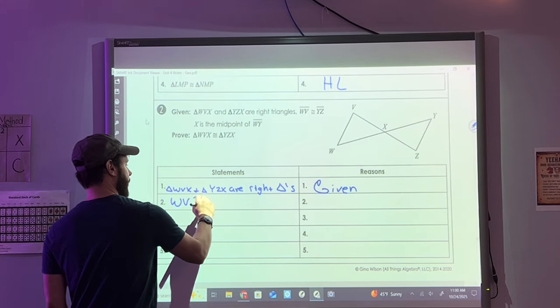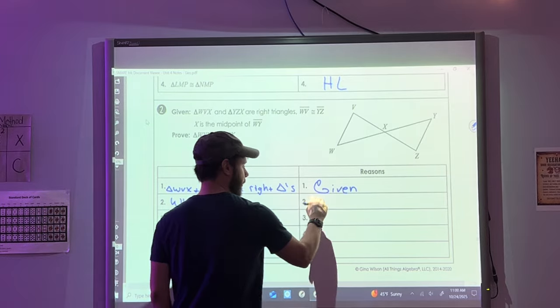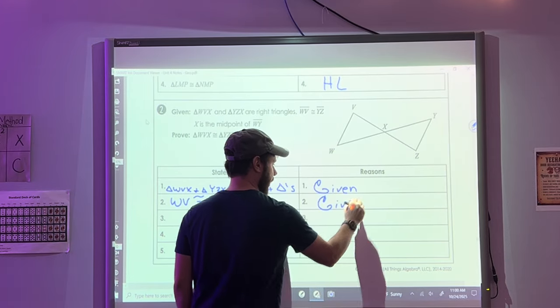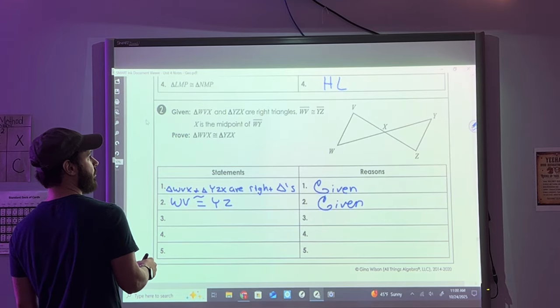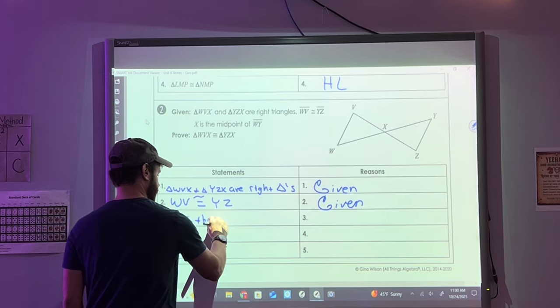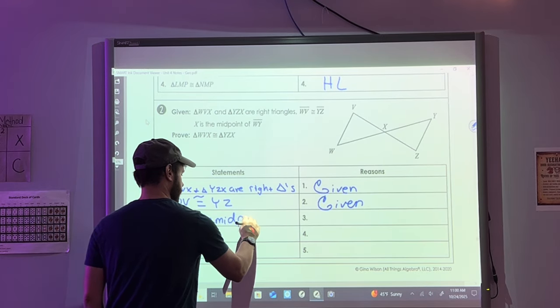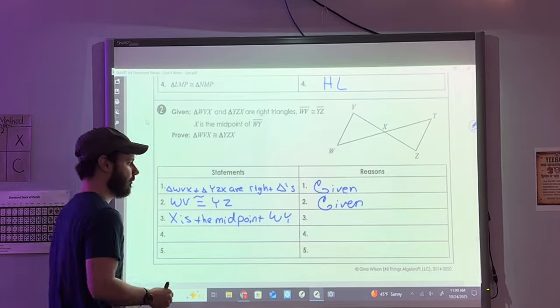WV is congruent to YZ. It just says given. I don't know what that means or how that's important, but it's given. And then, ooh, it gives me another piece. X is the midpoint of WY. Okay. Excellent. Given.